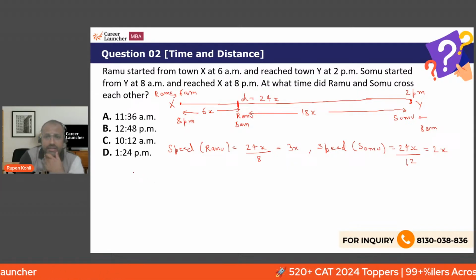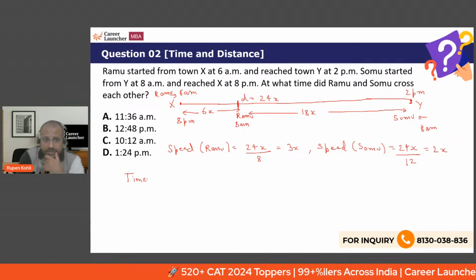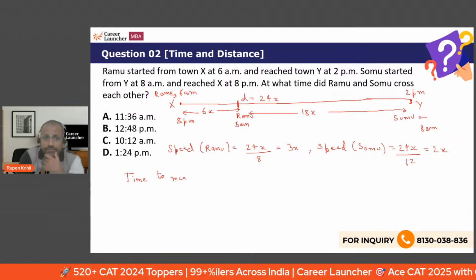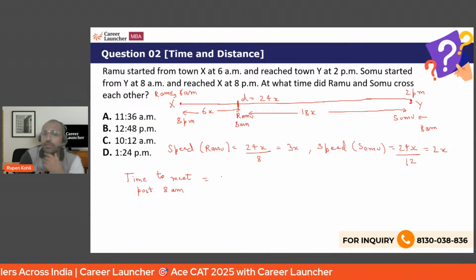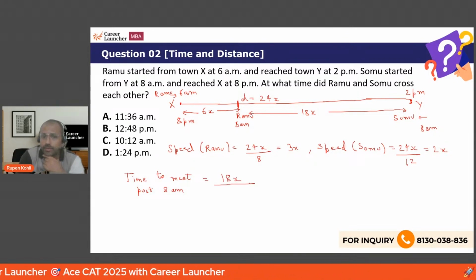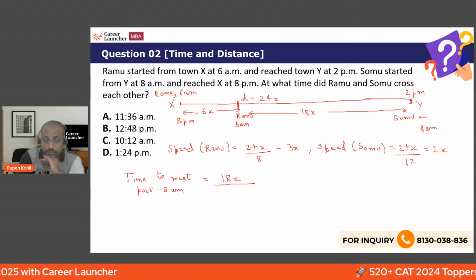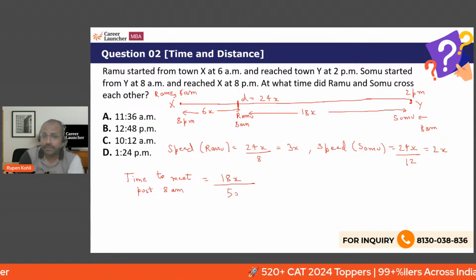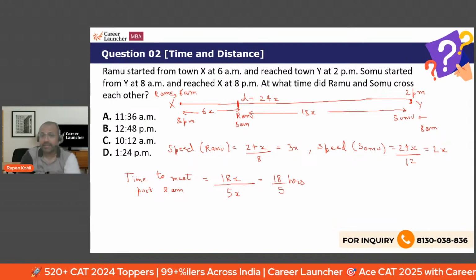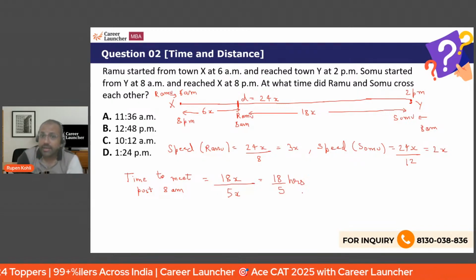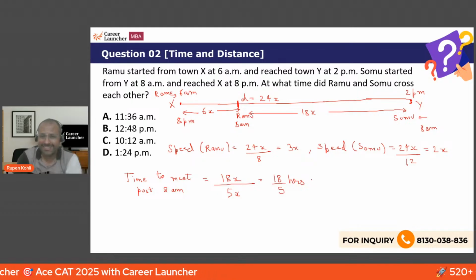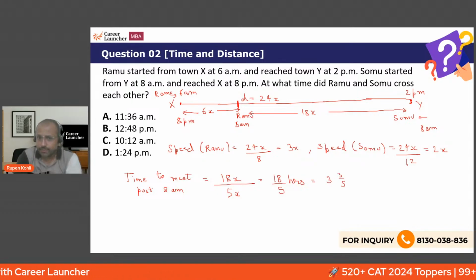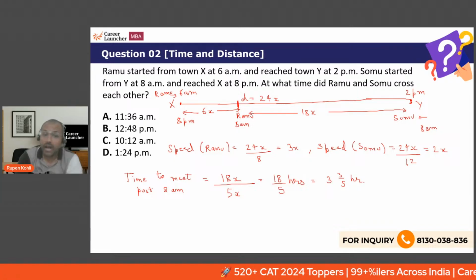So simply applying the relative speed concept, the further time taken to meet after 8 a.m. is that the distance 18x has to be covered at the relative pace of 2x plus 3x, which is 5x, which comes to 18 by 5 hours. So hence proving my assertion that this x is irrelevant. It eventually cancels away, you can see over here. So we're getting 3 and 3/5 of an hour that would be taken further after 8 a.m.